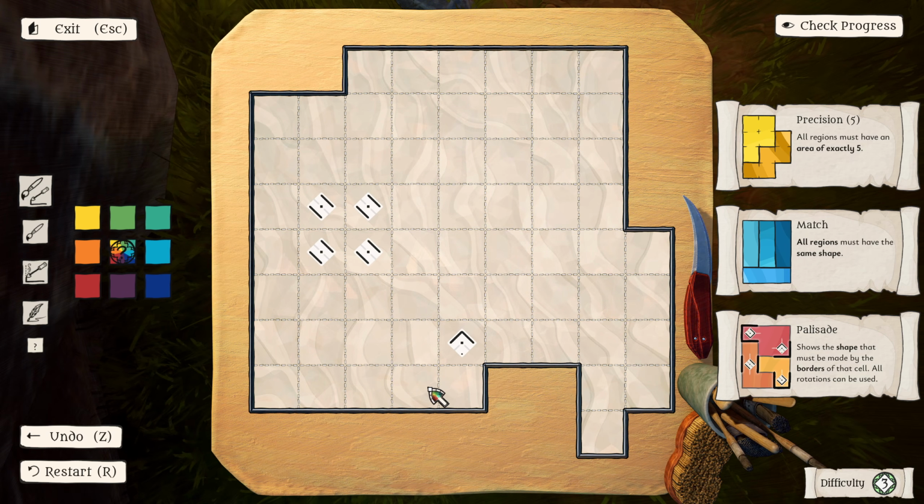Precision 5, match palisade. Okay, it's going to be... This can't be a straight line because it's 4, so it's going to be something with a hook in it somewhere. Now, these either have to do this or this.